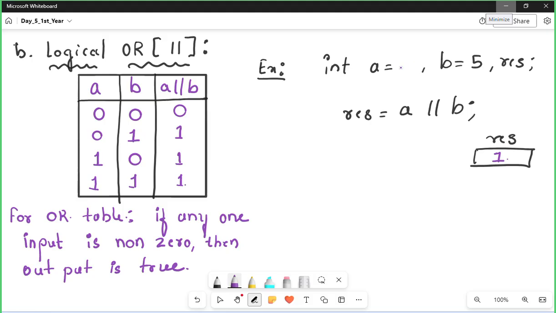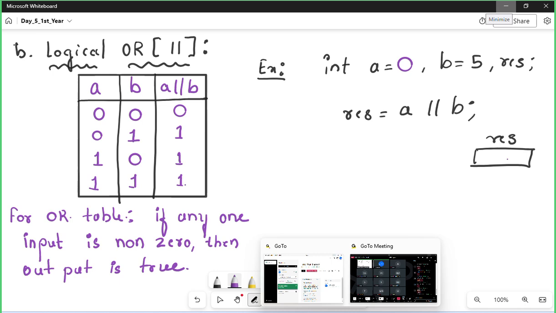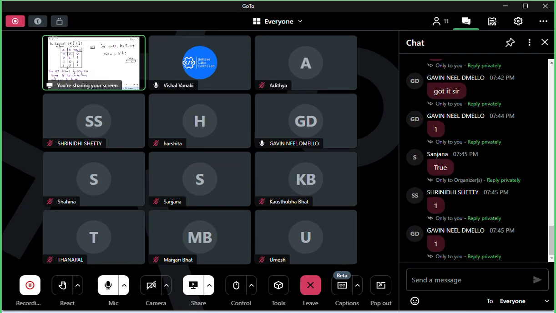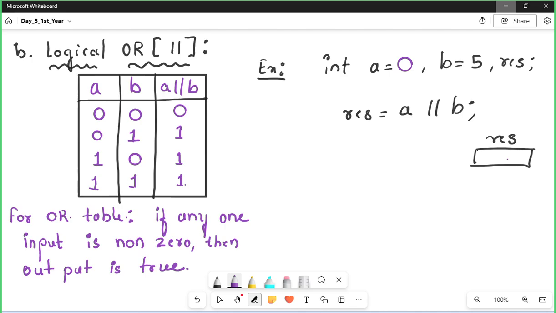Now if I take A value as 0 and B value as 5, what will be the result now? Again true. Correct.